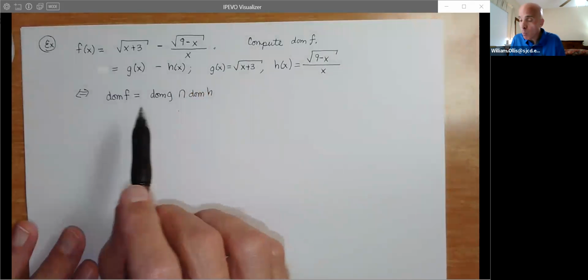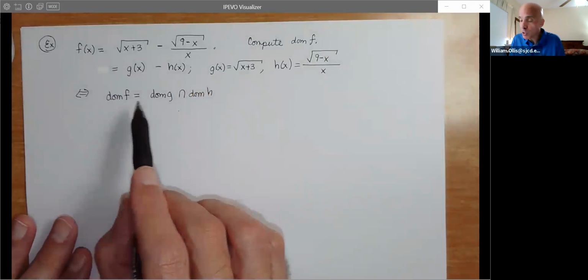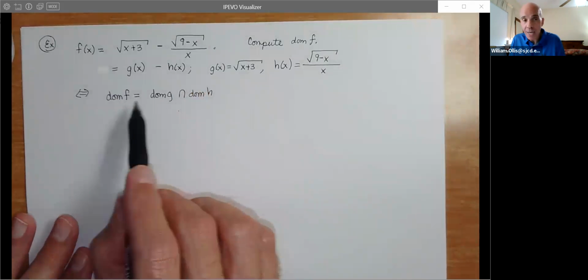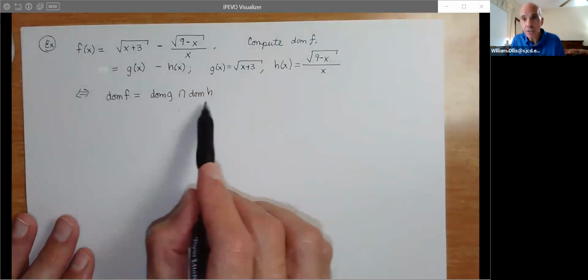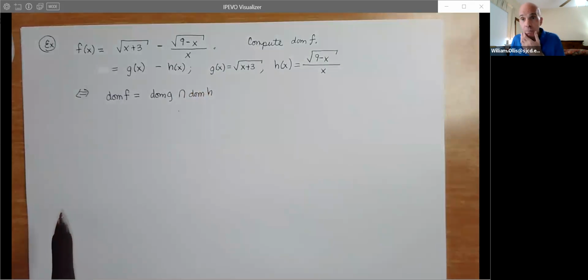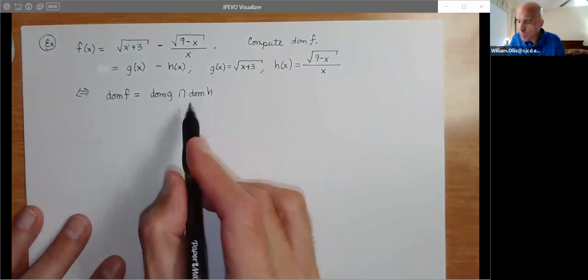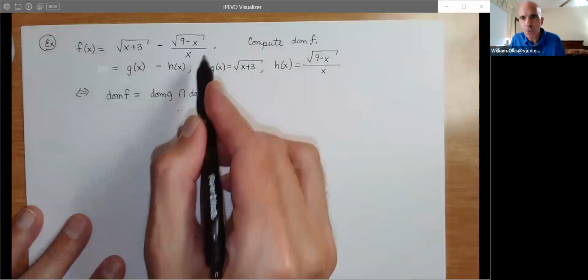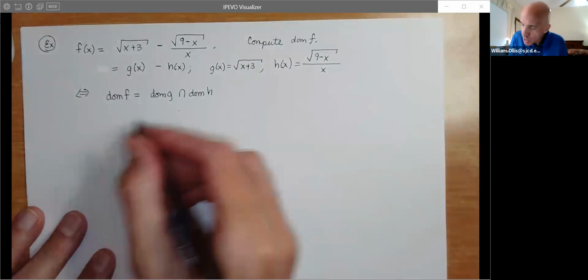If we want the domain of F, we have to make sure that all elements here are in both of these domains. So again, obvious, but you've got to think about it, and it's good to write this down. We're seeing that this is a difference of two functions, so now let's go ahead and write it.